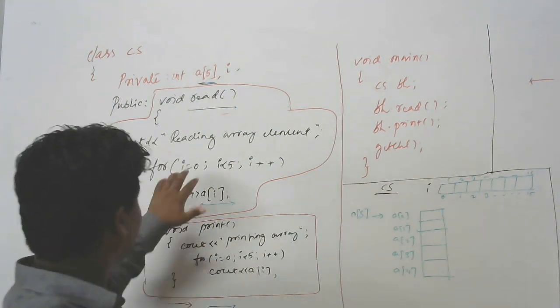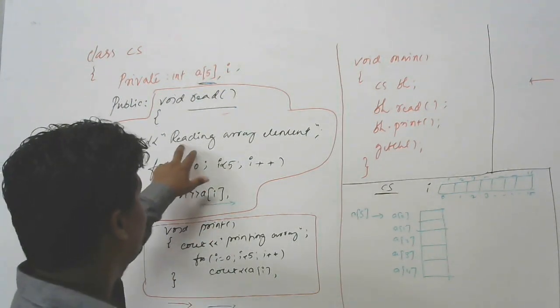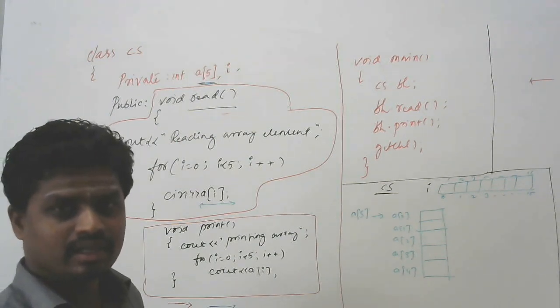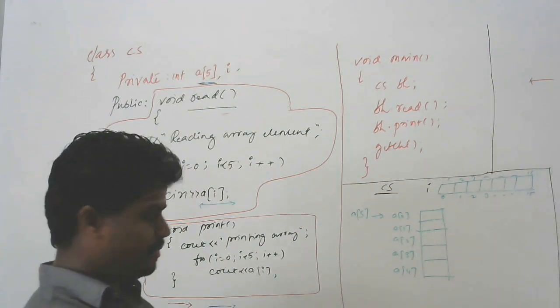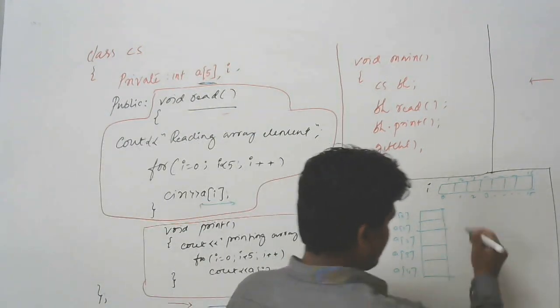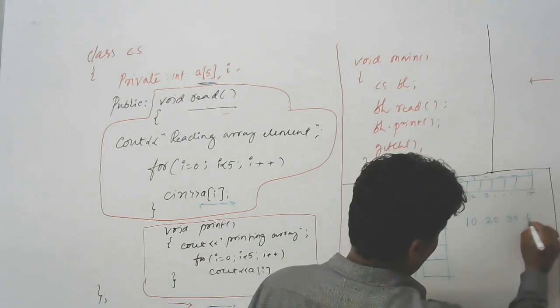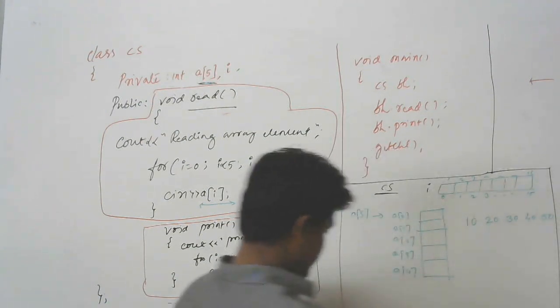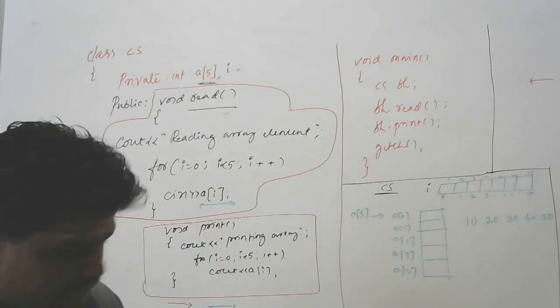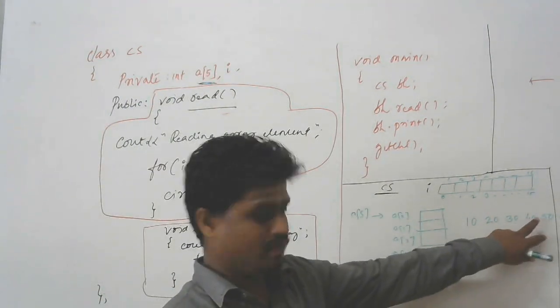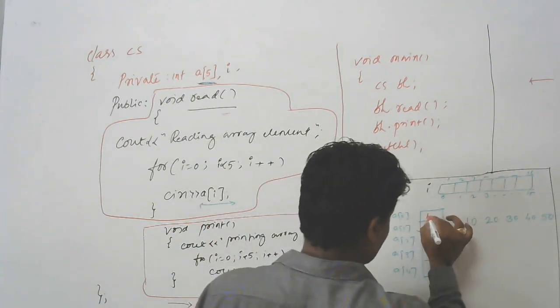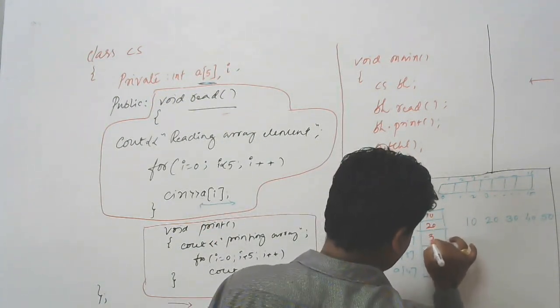Okay. When the compiler comes here, reading the array element, you are supposed to give the values. Consider the array values are 10, 20, 30, 40, 50. Just initialize them in this memory block.